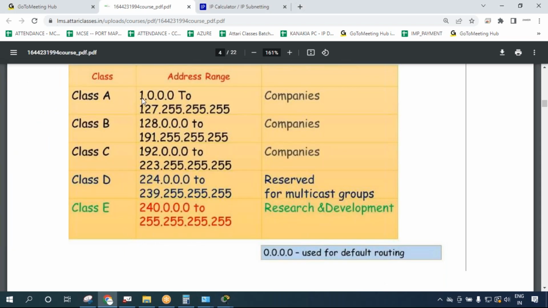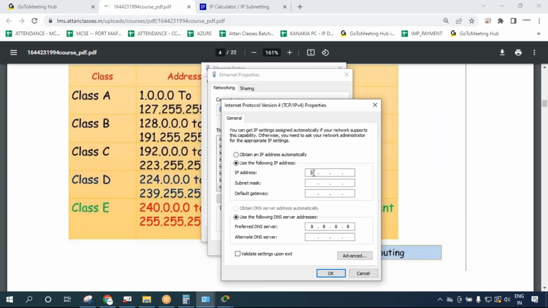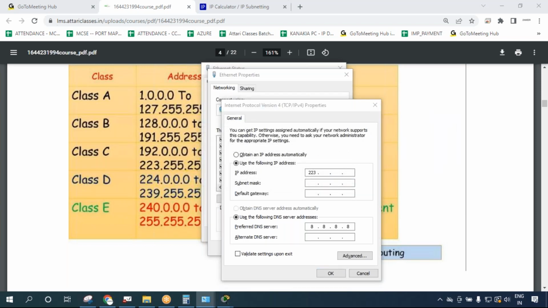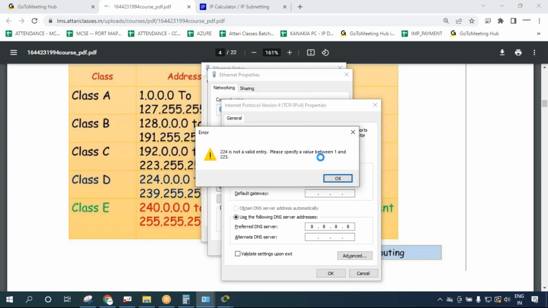You can give the IP only from 1 to 223 because these IP classes are meant for PCs. And class D, can I give the class D IP? No. You can give up to 223. Actually, we don't give this 223 IP to the PC, but they have given the clear-cut warning that you cannot give any IP. You can give the IP only from 1 to 223.